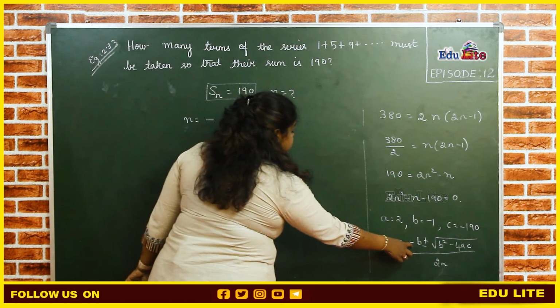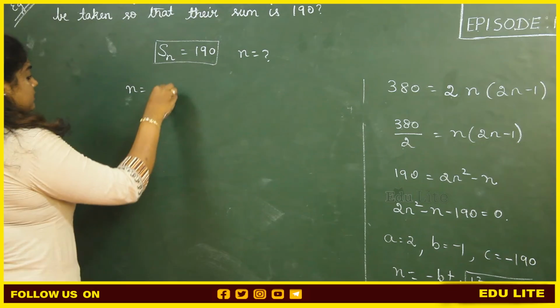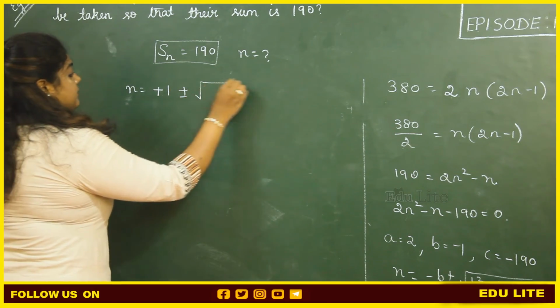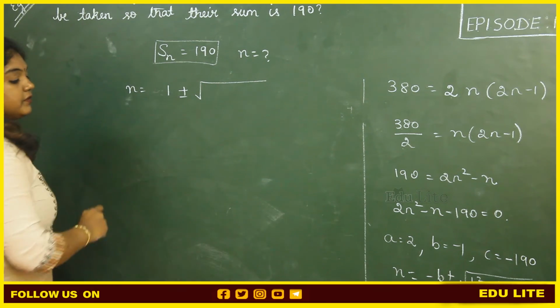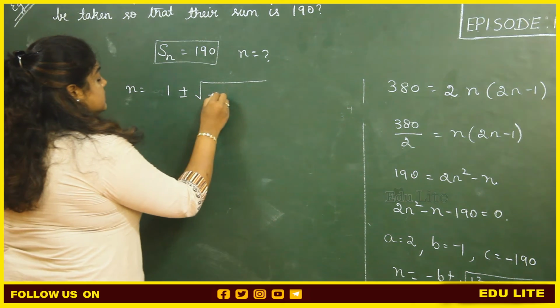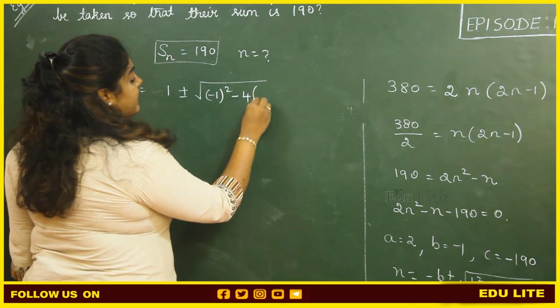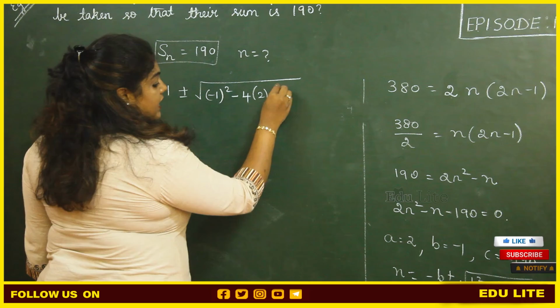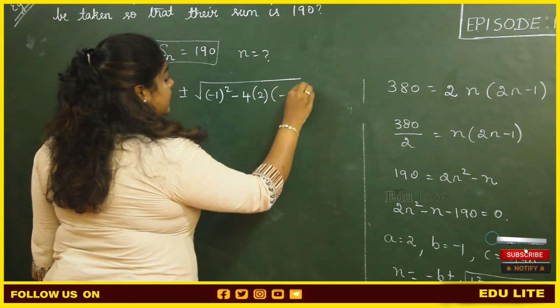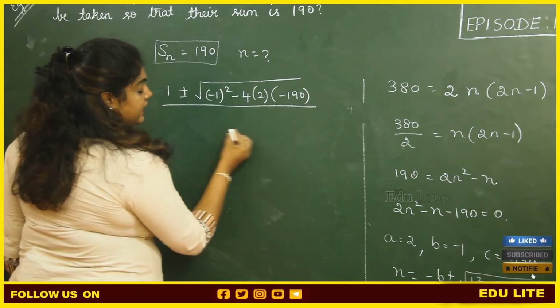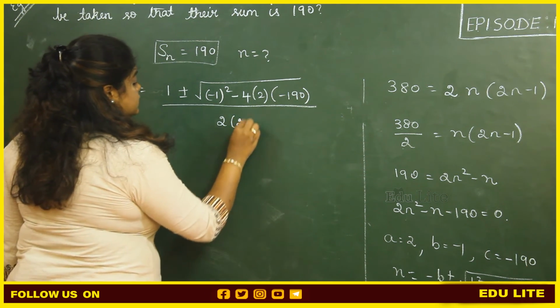Already there is one minus in the formula. Therefore, it will become plus 1 plus or minus square root of b squared, minus 1 squared, minus 4 into a value 2 and c value minus 190, divided by 2 into a value 2.